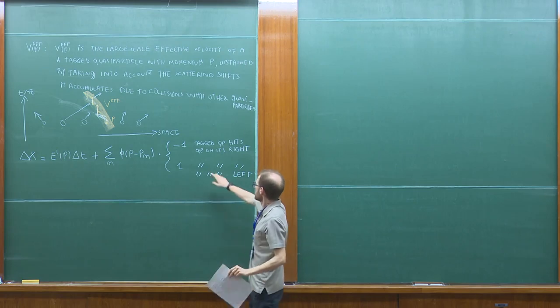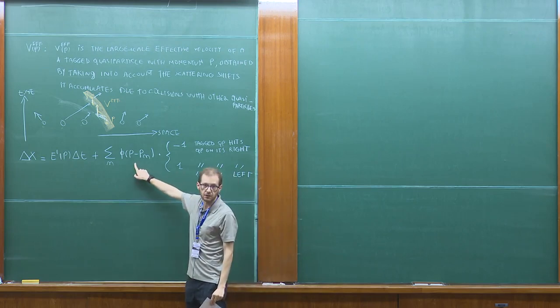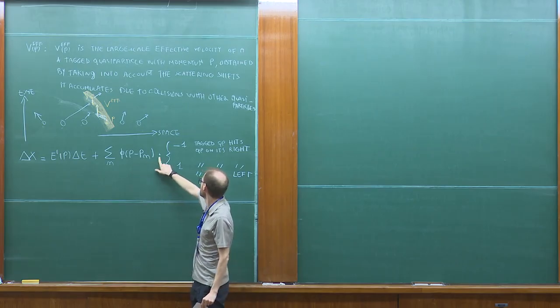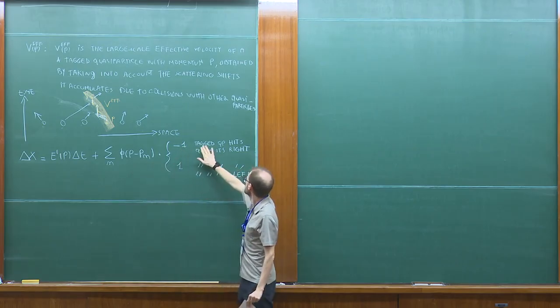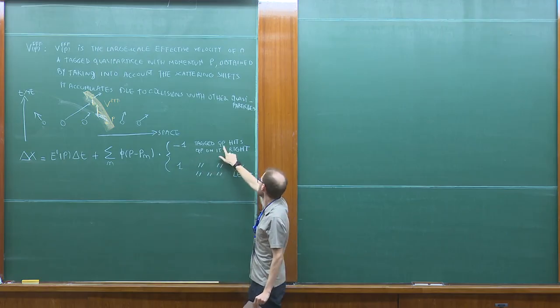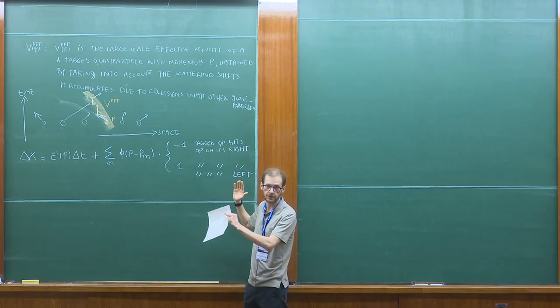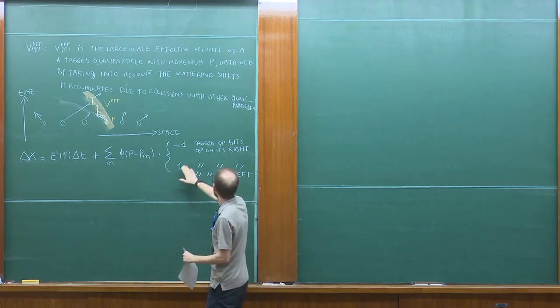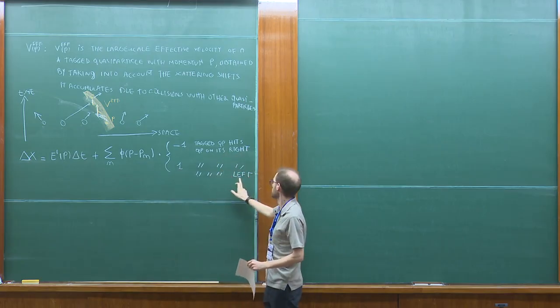Okay, so this is the scattering shift, what we discussed also in lecture 2, the one about the scattering theory, multiplied by -1 if the tagged quasi-particle with bare momentum P hits a quasi-particle on its right, and +1 if it hits a quasi-particle on its left.